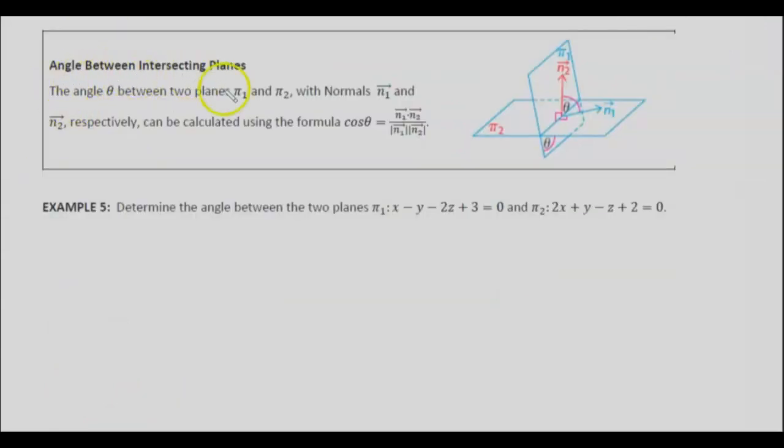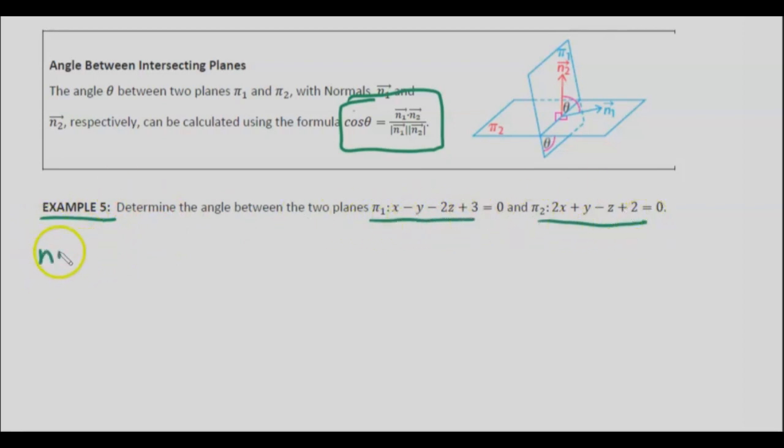Now the angle between intersecting planes. The angle theta between two planes, plane 1 and plane 2, with normals n1 and n2 respectively, can be calculated using this formula. Okay, so let's dive right in. Example 5, determine the angle between these two planes here.